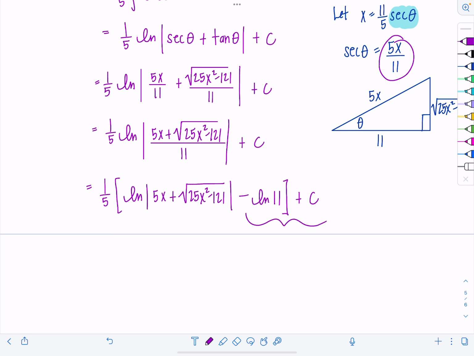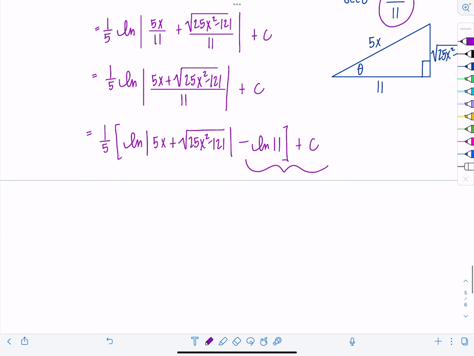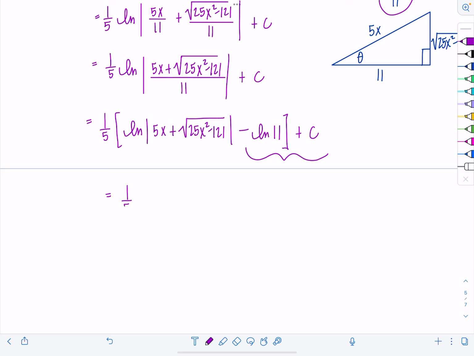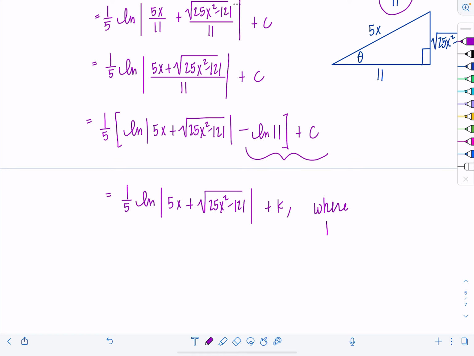And then you just absorb that negative ln of 11 over 5 into your constant, and you can write your final answer as 1/5 ln absolute value 5x plus square root 25x squared minus 121, close up that absolute value, plus k, where, what was k? K is equal to c minus 1/5 ln of 11.